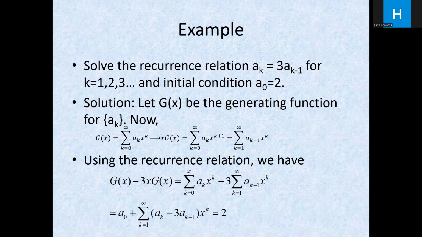Then using the recurrence relation, we end up with a0 plus the sum of a sub k minus 3 times a sub k minus 1, times x to the k, as the generating function. This works out because a0 is 2 and a sub k is equal to 3 times a sub k minus 1.